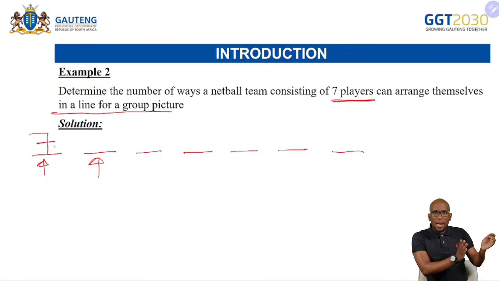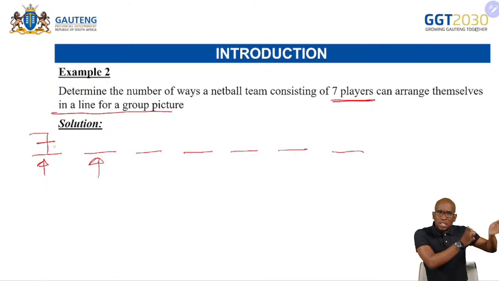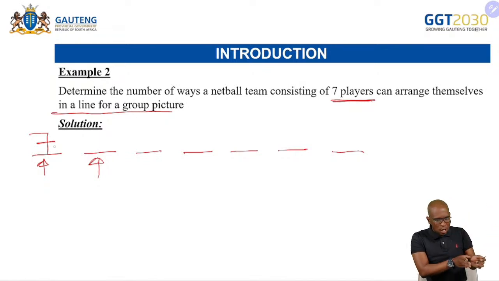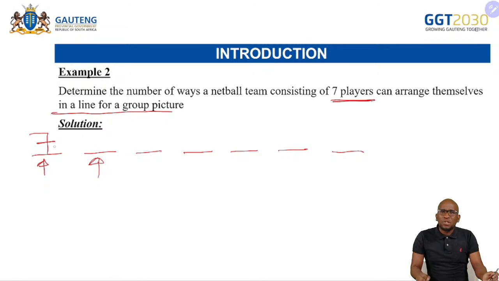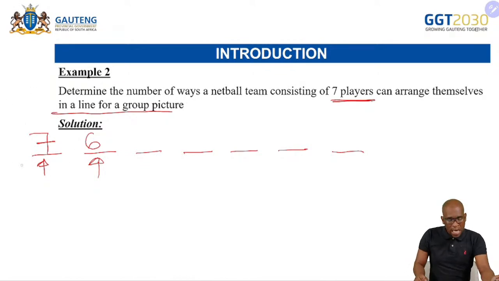Obviously, it's only one player who's going to fill that position. Once that position is filled by that one player, we ask ourselves, for the second position, how many options are available? It should be 6 options, because already the first position has been occupied by the first player.